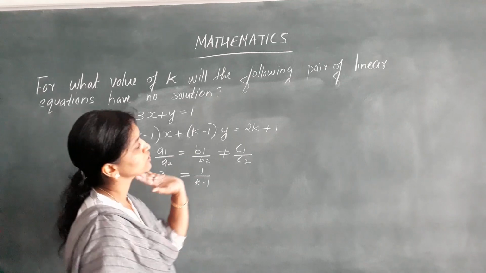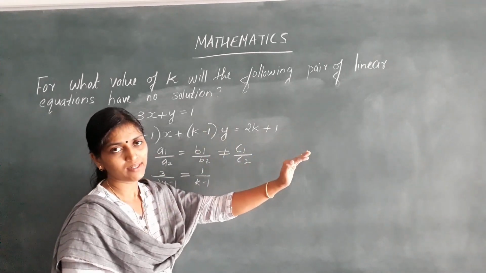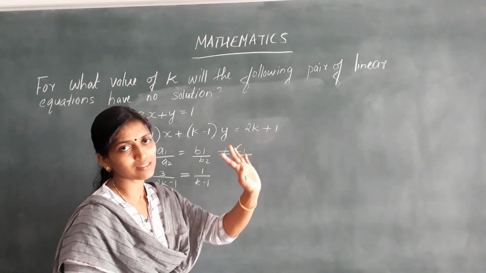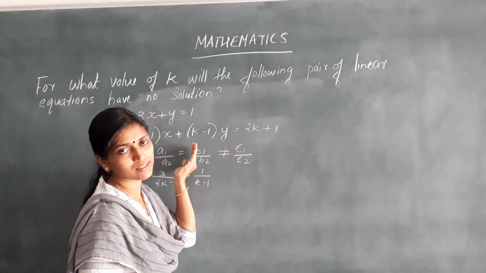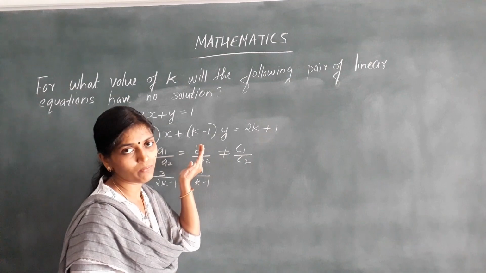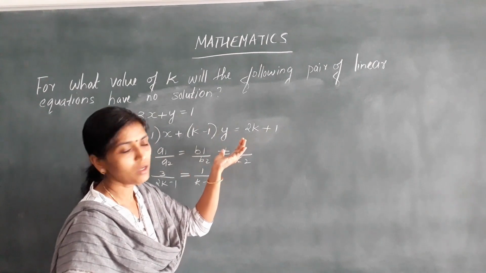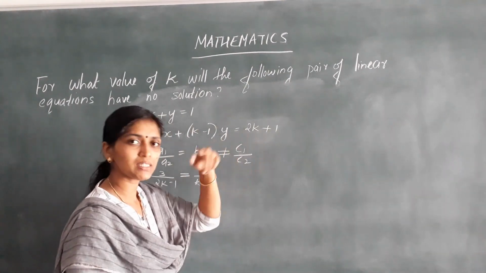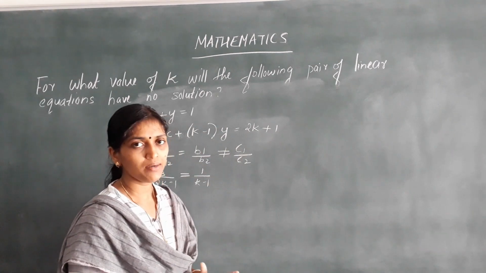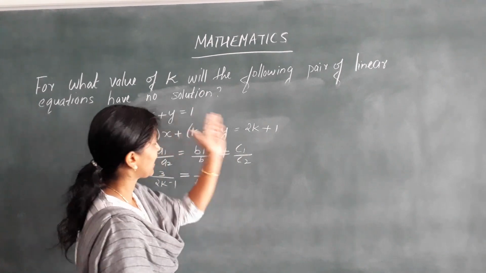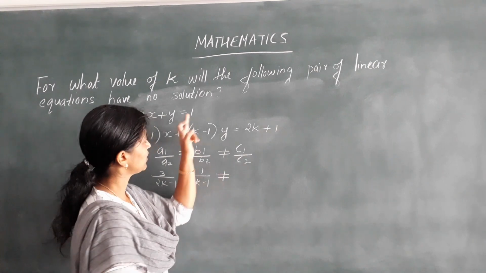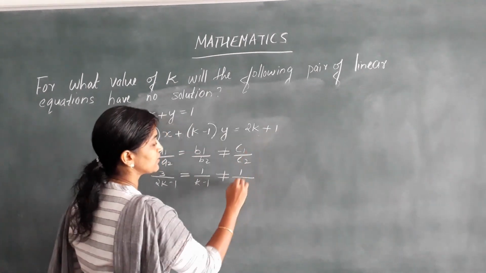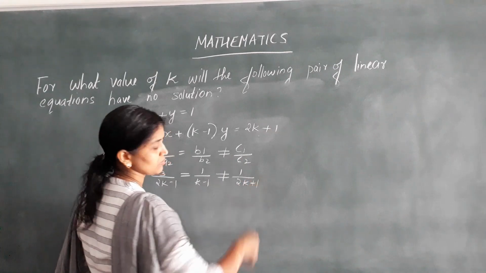And since both c's are on the next side, there will not be a change in sign, because when you make it in the general form, both will be negative, which means the negatives cancel. So you can directly write c1 by c2 as c1 is 1 and c2 is 2k plus 1.